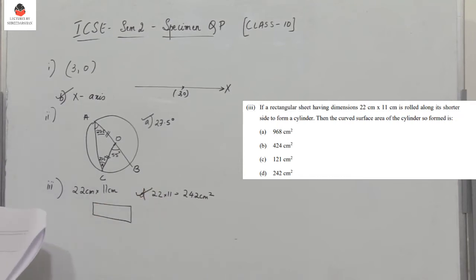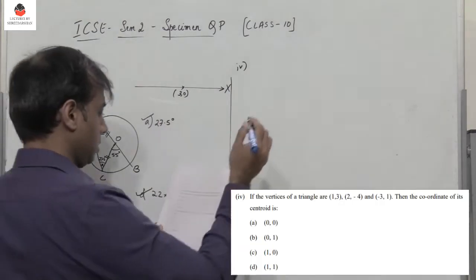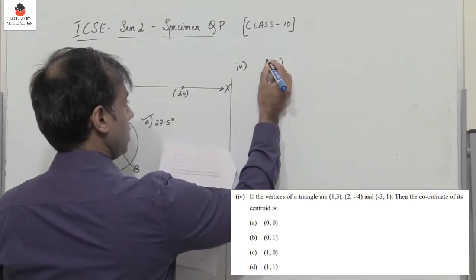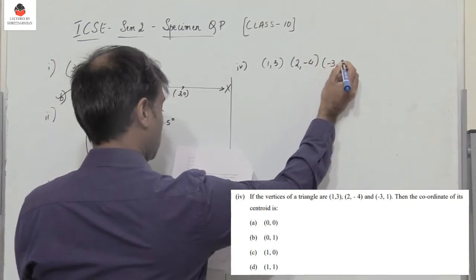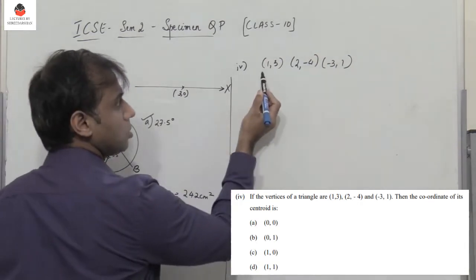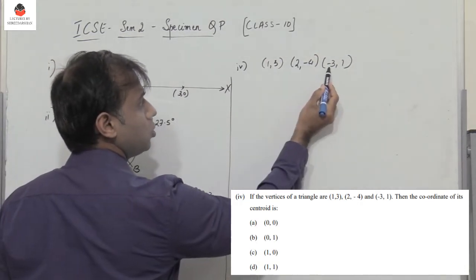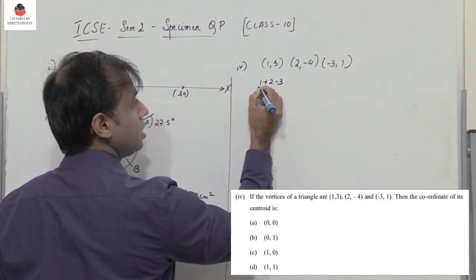So let's go to the fourth one. The vertices of a triangle are (1, 3), (2, -4), (-3, 1). The coordinate of its centroid is. So what is the centroid formula? It is (x1 plus x2 plus x3) by 3. So 1 plus 2 minus 3 by 3.